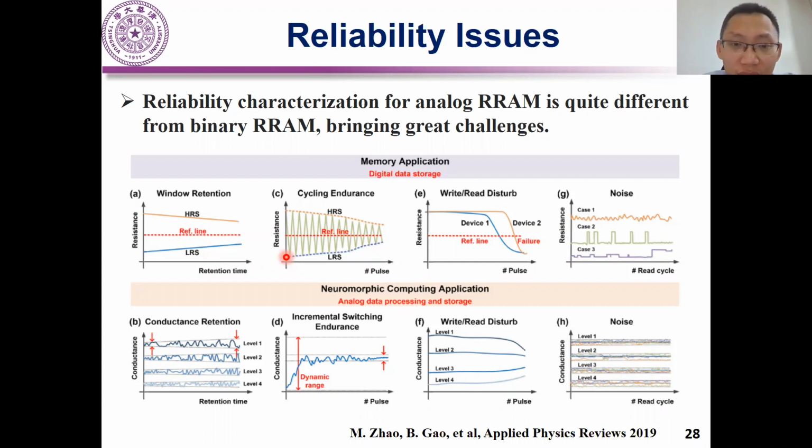But this change is not the same as in binary RRAM. For binary RRAM, all the programming is full window programming. That means we need to change the device from the lowest state to the highest state. But for the training application, we just tune the conductance little by little, only a slight change. So the electric field is not as high as in full window programming, and its damage is small.